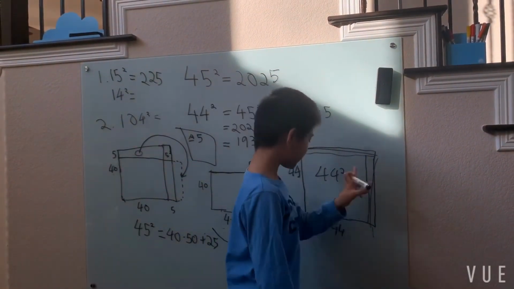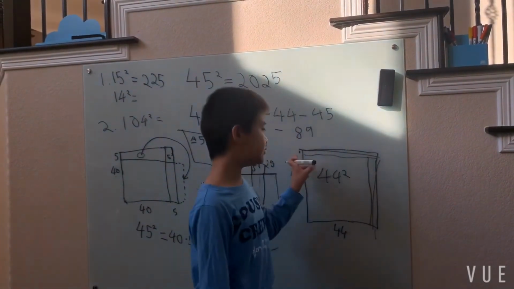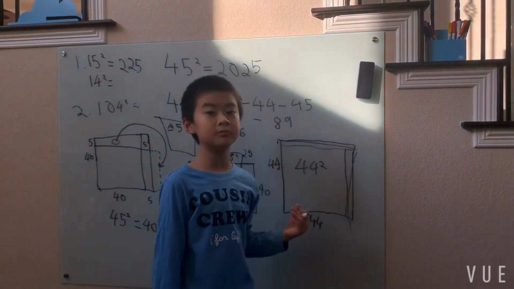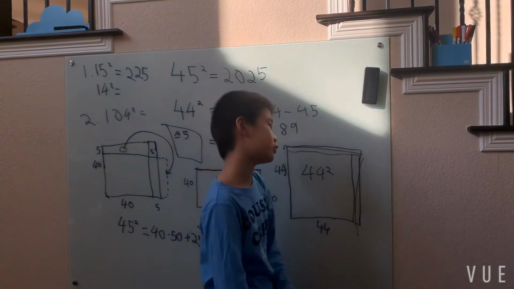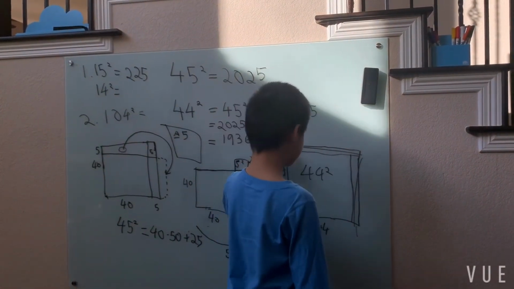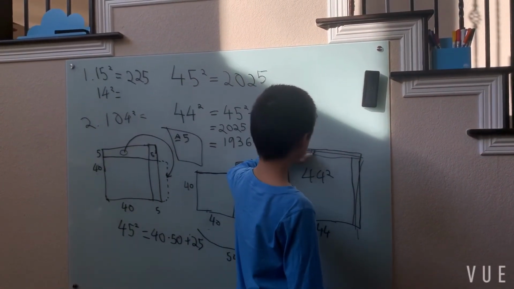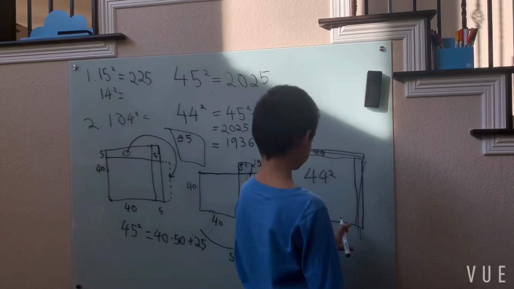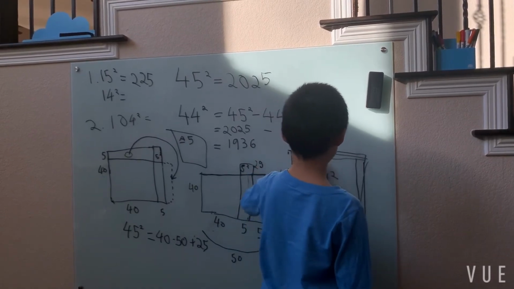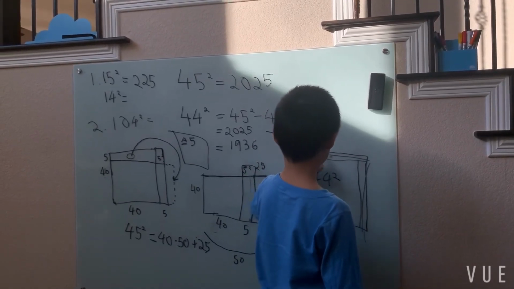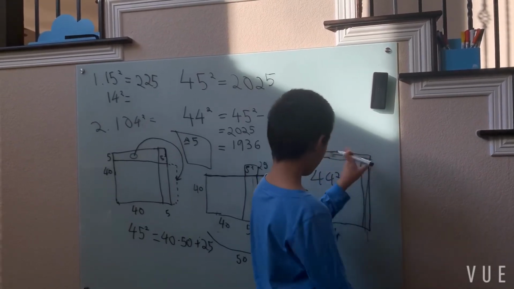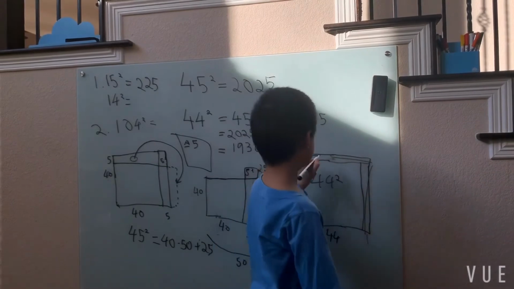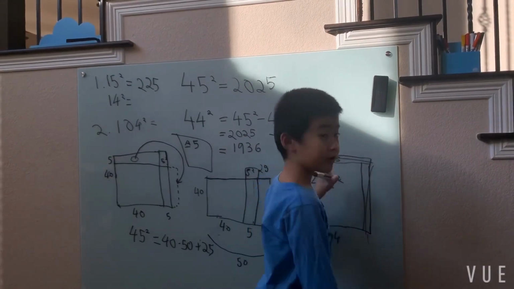So all I have to do is find the area of these 2 rectangles and then subtract them from our 45 square, 2025. This part is a 1 by 44, but there's a 1 back down here, so this is a 1 by 45, area 45.